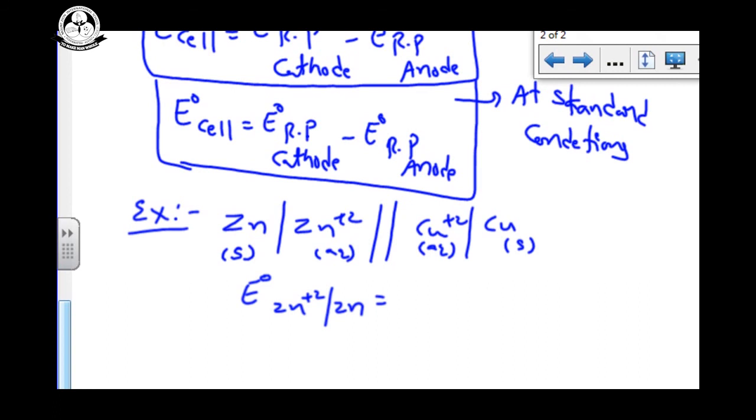Standard reduction potential for zinc and standard reduction potential for copper.